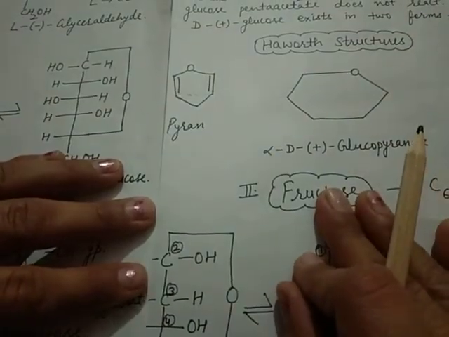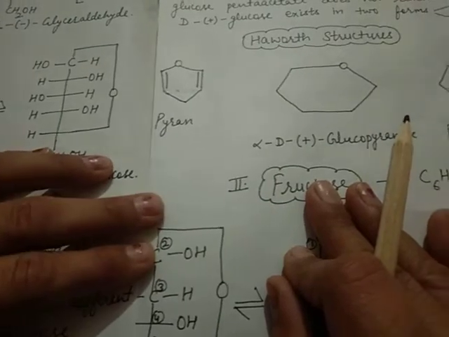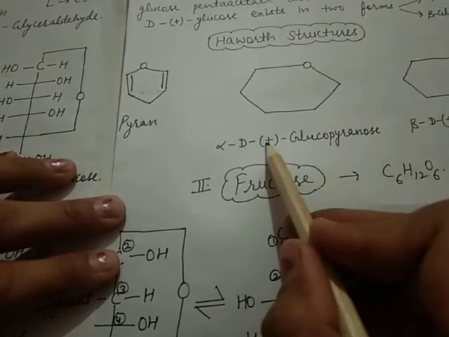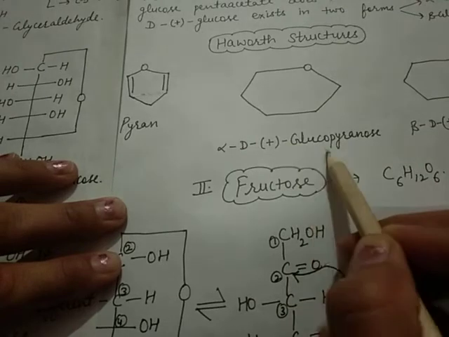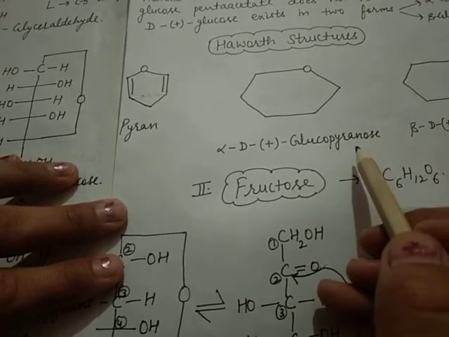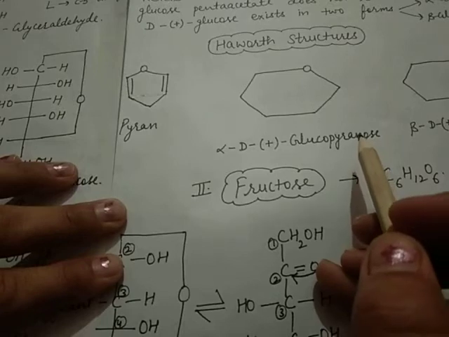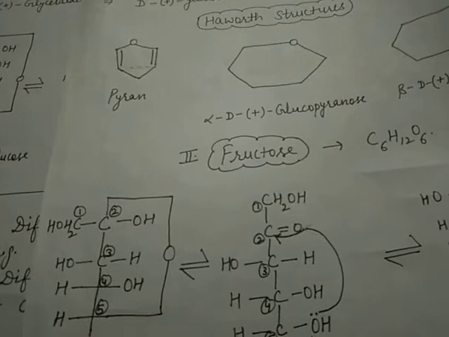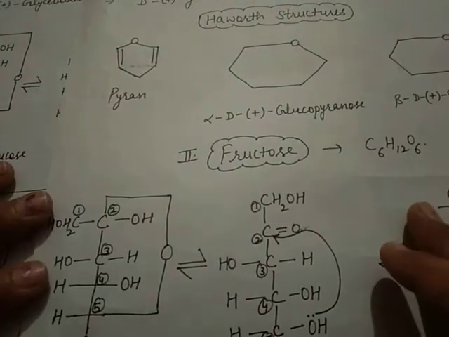Here the two structures are formed. Alpha D plus glucopyranose. How will we write this structure?